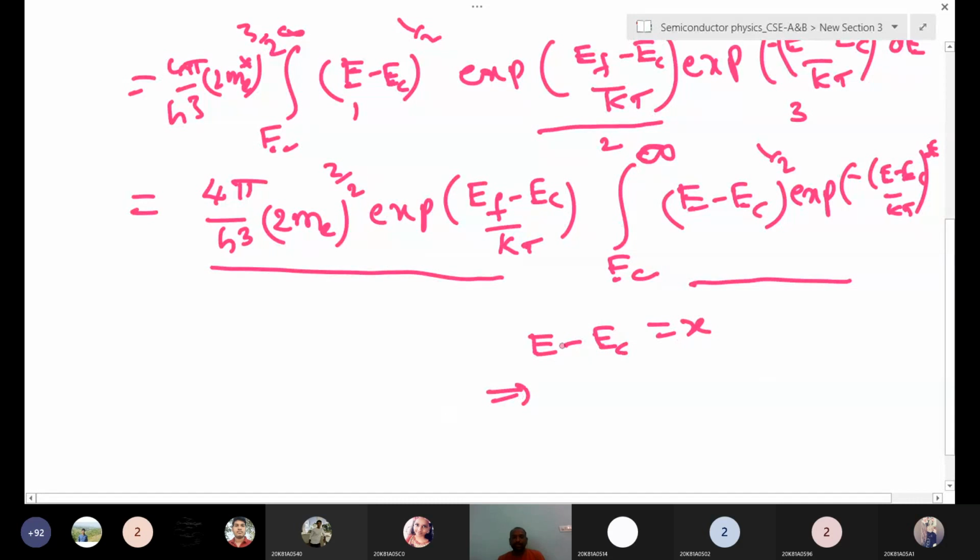Now dE is equal to what? E_C is constant, so it is zero, and dX. That means dE is equal to dX, isn't it?